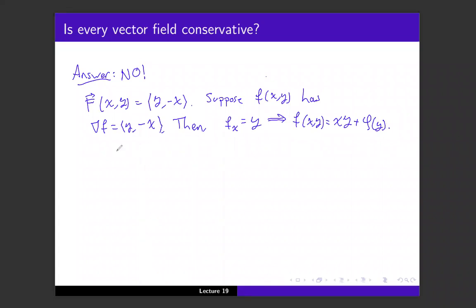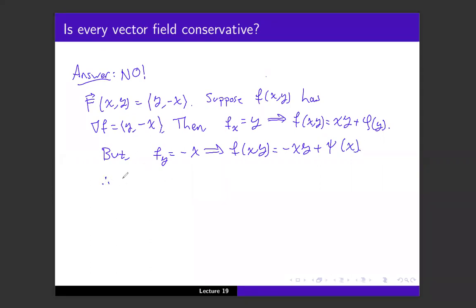But on the other hand, if you take f sub y, well, that's equal to negative x. And that's going to tell you that f(x,y) is equal to negative xy plus some other function, which I'm going to call psi of just x. So what does that tell you?